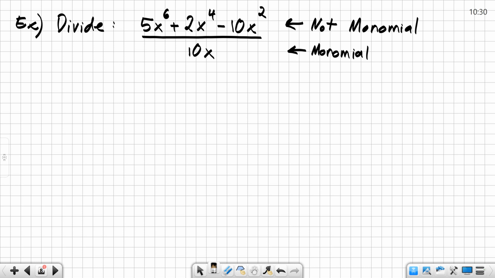Let's do an example. I want to divide 5x to the 6th plus 2x to the 4th minus 10x squared, all divided by 10x. Notice the expression in the numerator is not a monomial. Monomial meaning one term. I have addition and subtraction. I have 1, 2, 3 terms all together.